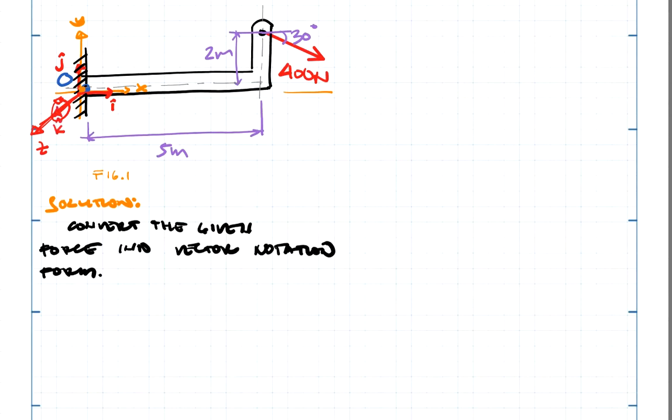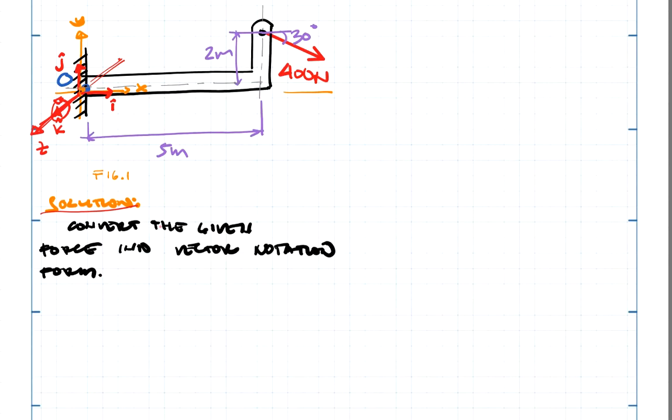Imagine that if we have a force acting at this point, it creates rotation about this point O. Again, for the solution, we first need to convert the given force into a vector notation form.